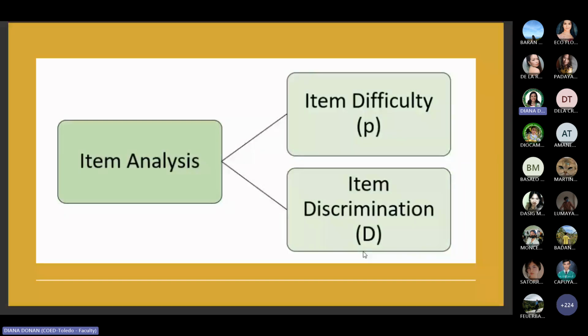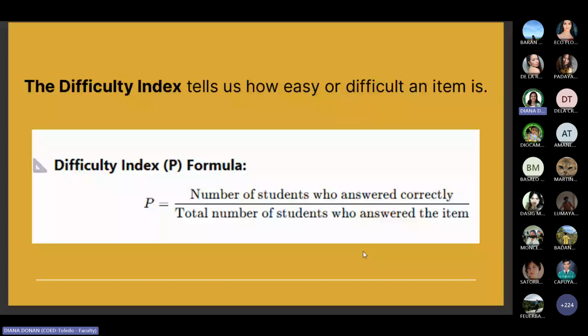The difficulty index tells us how easy or difficult an item is. The formula is: difficulty index equals the number of students who answered correctly over the total number of students who answered the item.